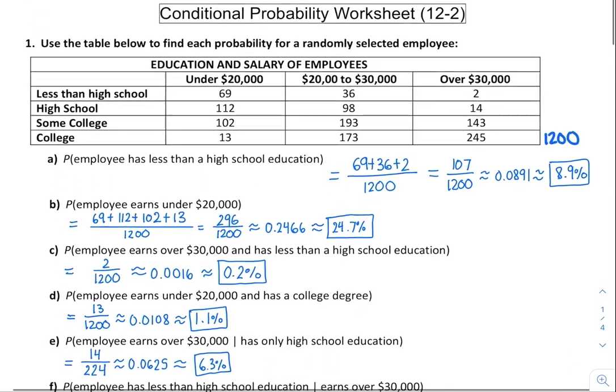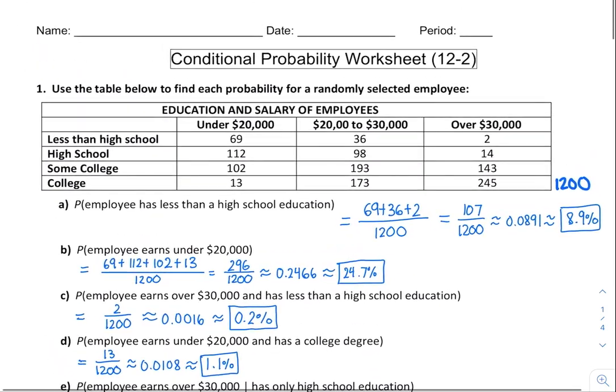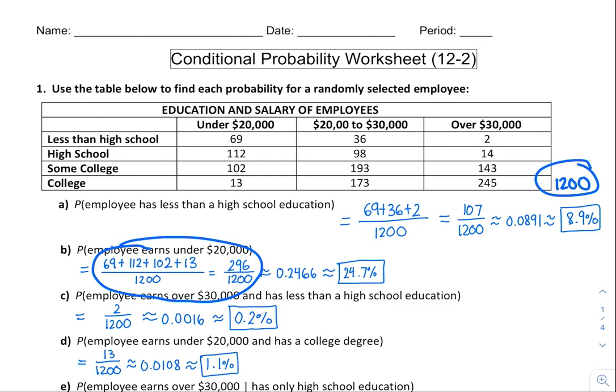All right, part B, it says employees earn under 20,000. So here are the employees that earn under 20,000. We have to add all of those together and divide it by 1,200. So that's how I got 296 divided by 1,200.